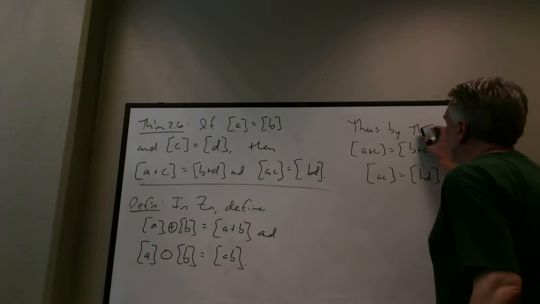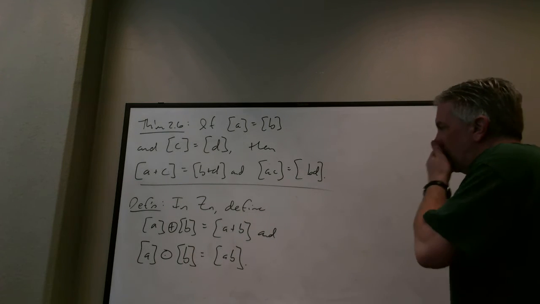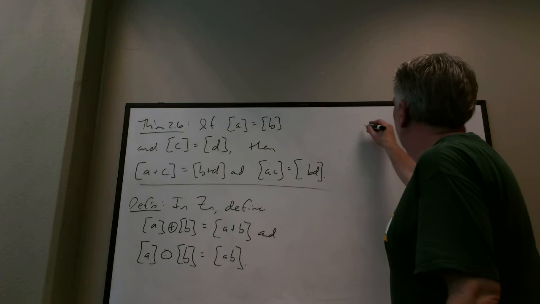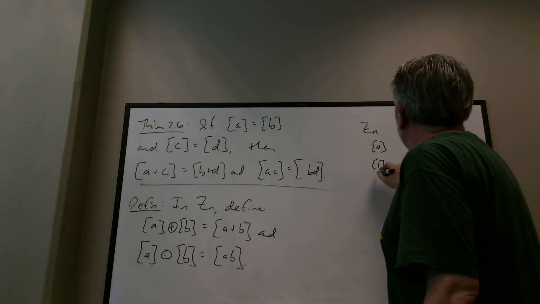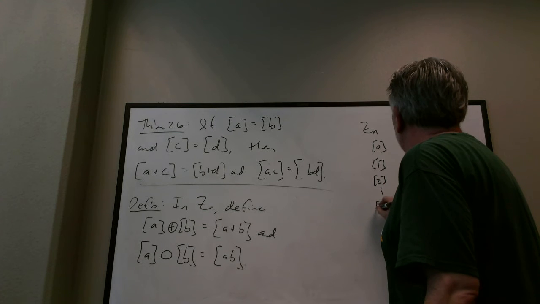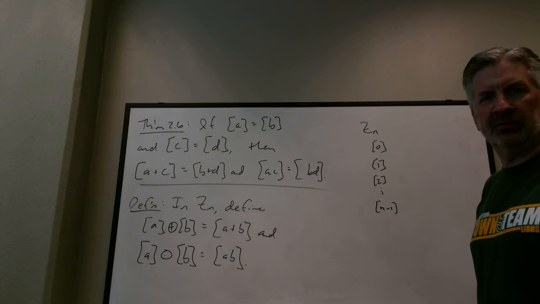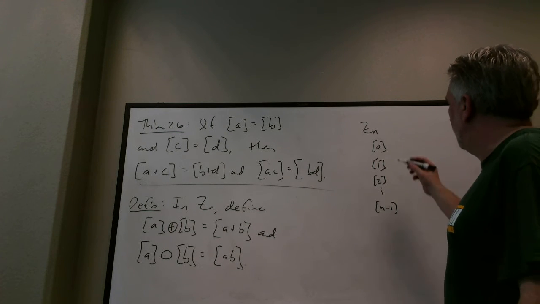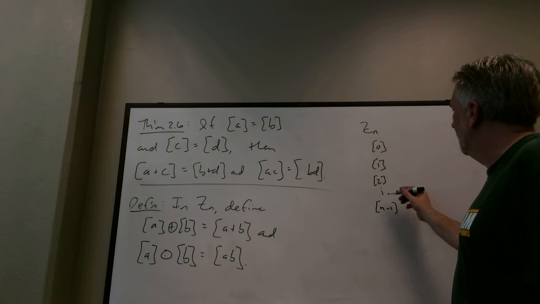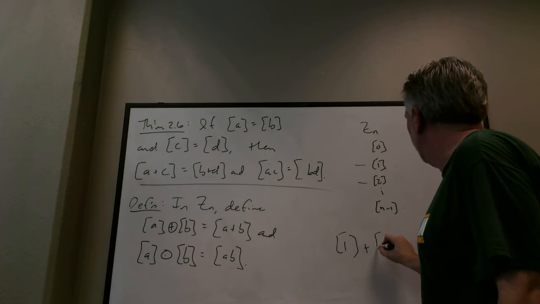What is our theorem telling us here that we just proved? Why are we doing this? Because typically, what do we use for our classes in Zn? We use 0, 1, 2, dot, dot, dot, n minus 1, right? But there's no law that says you have to use those. Okay? So, for example, suppose I'm using these, and I want to take the class with 1 plus the class with 2.